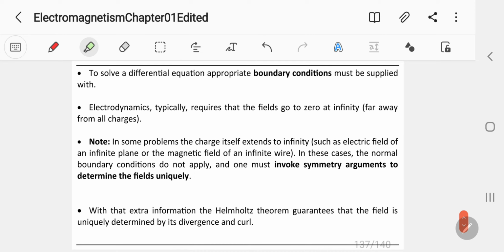So in order to solve for F, we must have some boundary conditions.